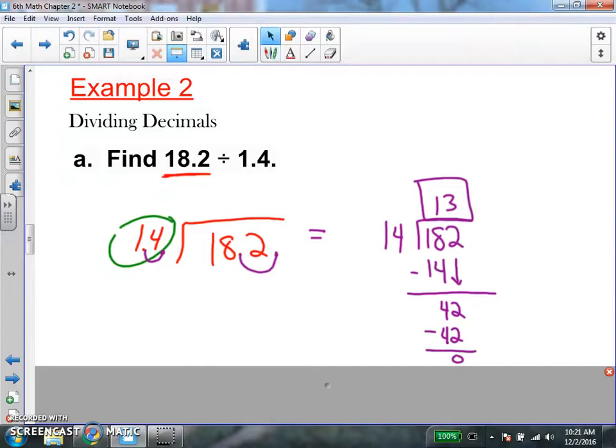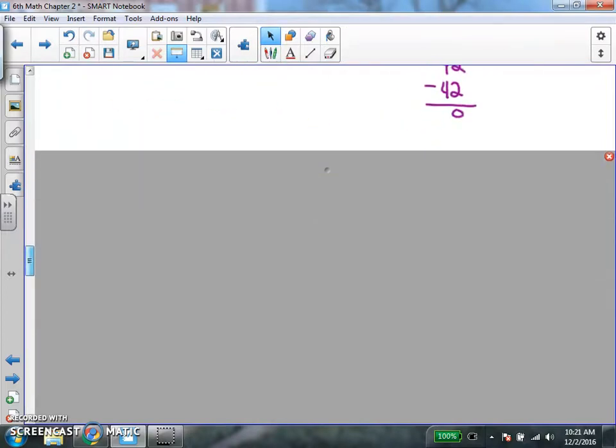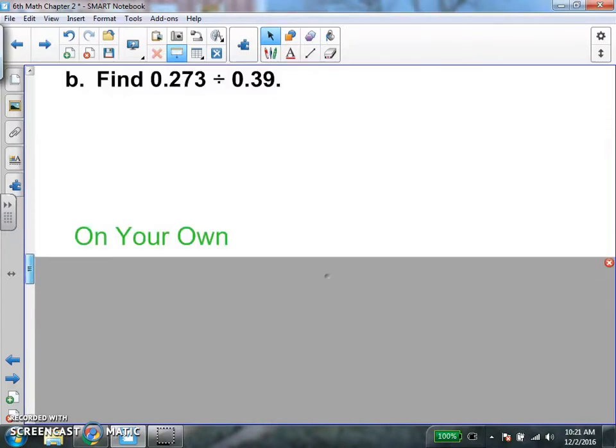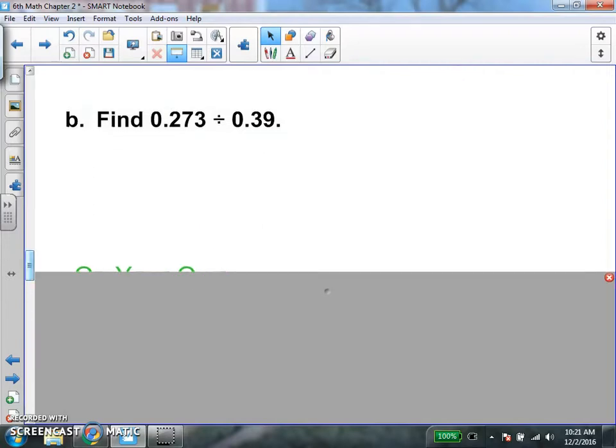Let's move on to letter B and try this one. It says find 0.273 or 273 thousandths divided by 0.39 or 39 hundredths. Right?